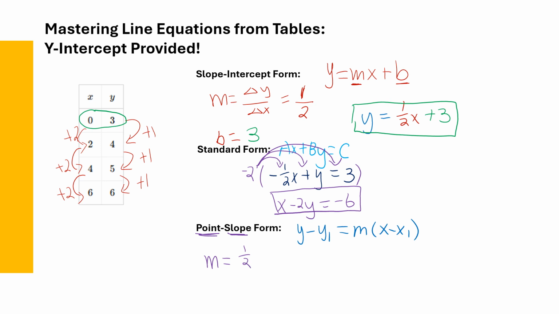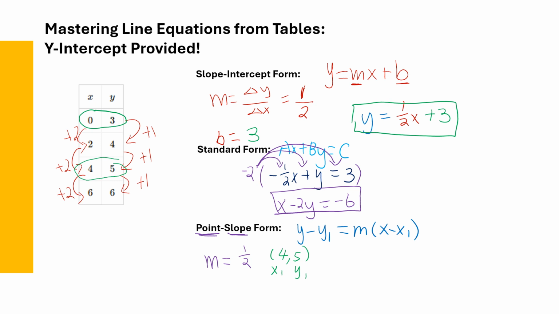And for the point, you have 4 choices. You can pick any of the points here. So I'm going to pick the point (4, 5). So (4, 5) is going to be my x1 and y1. Now I have everything, so I can just plug into my equation.